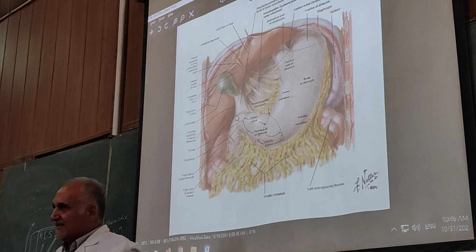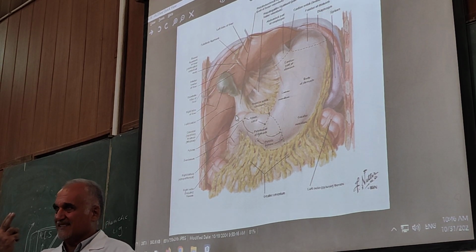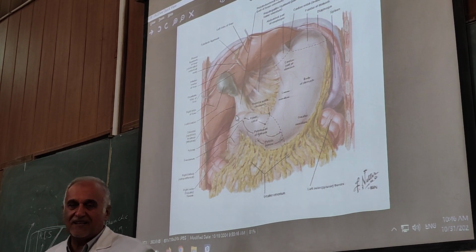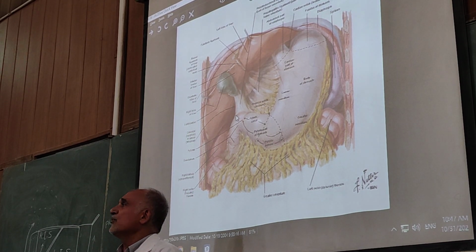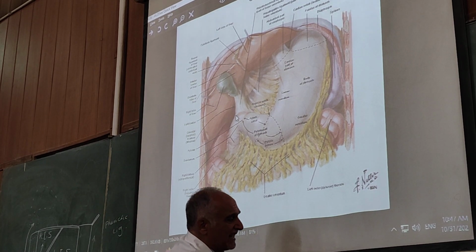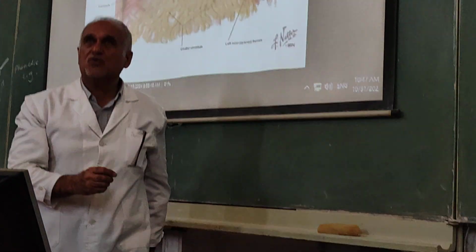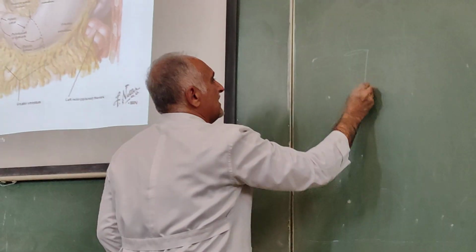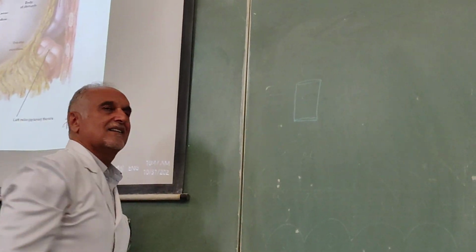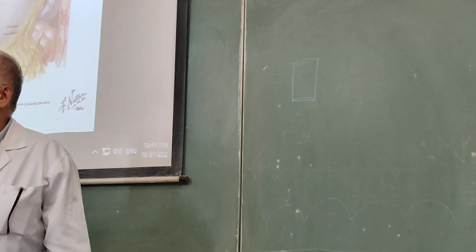If I open this, it's made of two layers, yes? At the back, the most posterior element that we can reach in the hepatoduodenal ligament should be the portal vein. What? Portal vein.